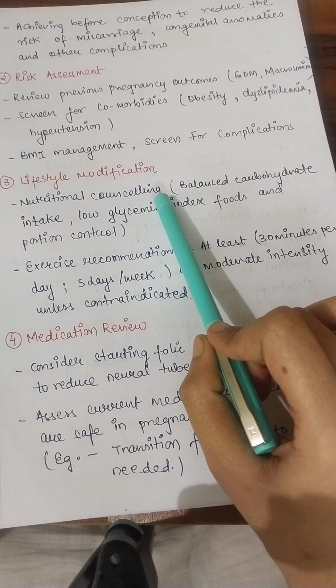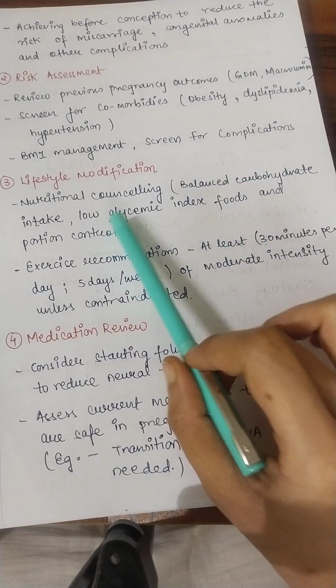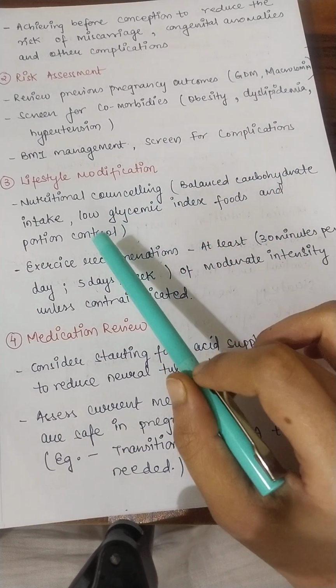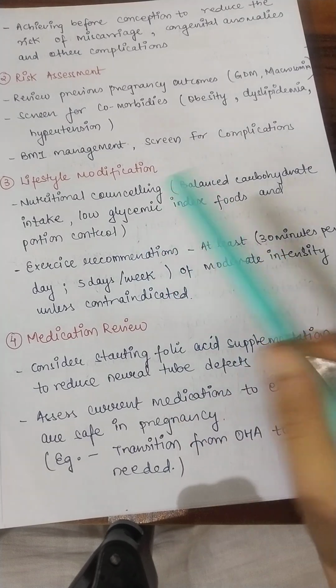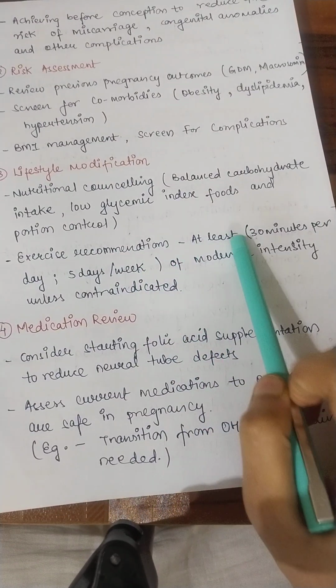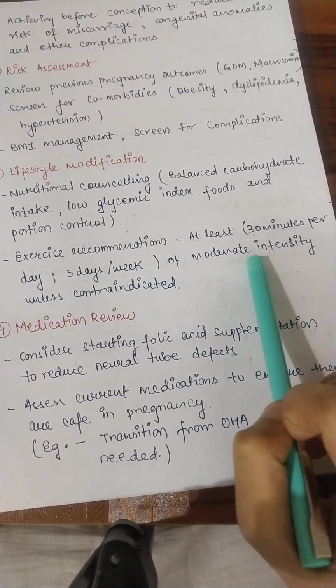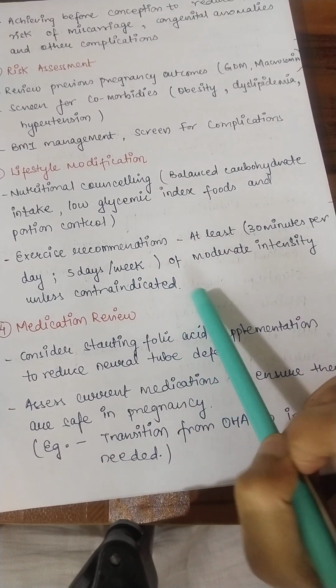So lifestyle modification, nutritional counseling and exercise recommendation we have to give to the patients. In nutritional counseling, we advise the patient a balanced meal, balanced carbohydrate intake, low glycemic index foods, and portion control. We have to design a plate for the patient. Exercise recommendation: at least 30 minutes per day, 5 days per week, of moderate intensity unless contraindicated.